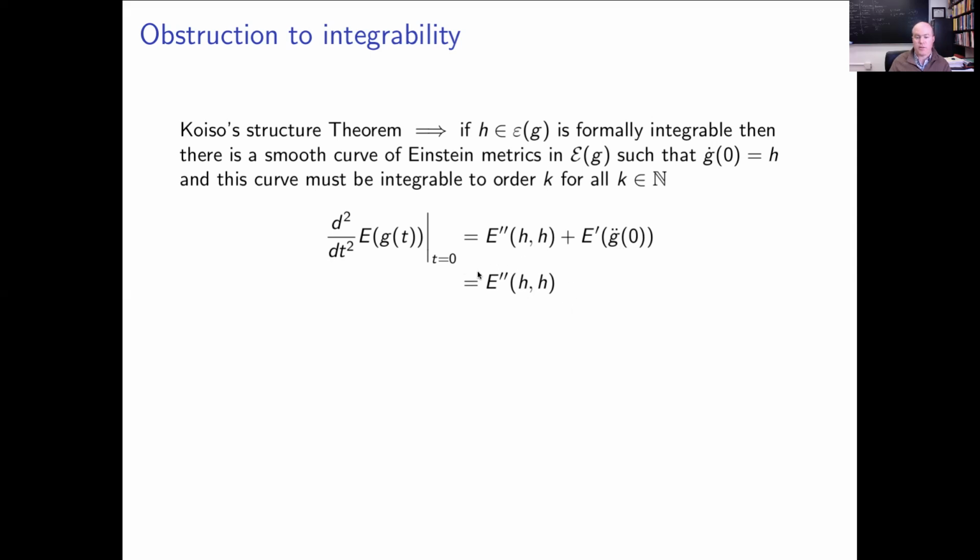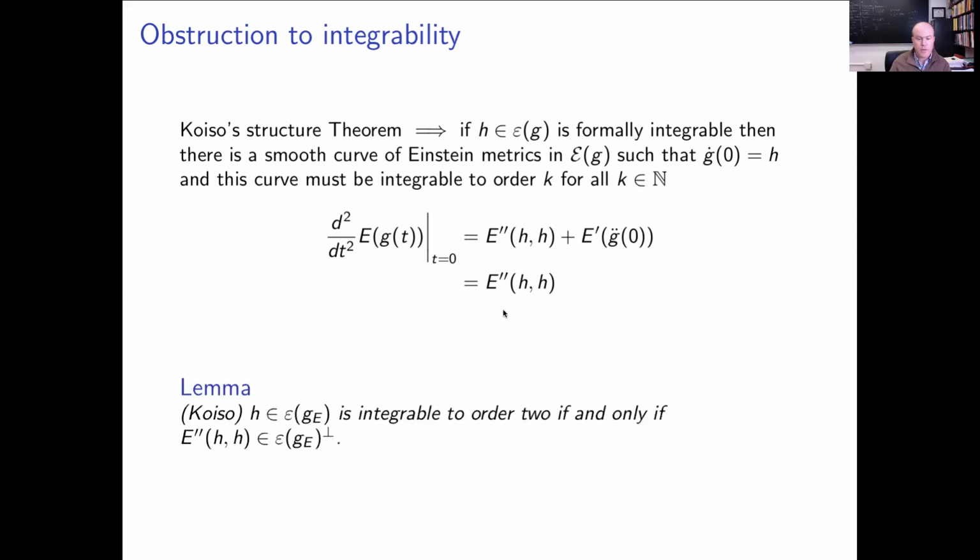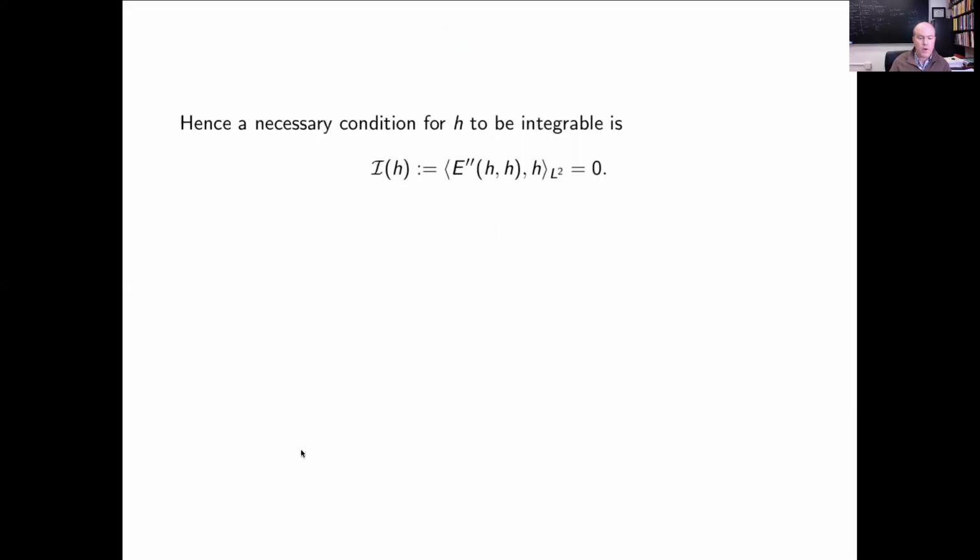And so you get this quantity. And Koiso proved that h is integrable to order 2 is exactly the same as this element, E double prime of h, h, being perpendicular to the space epsilon of g.